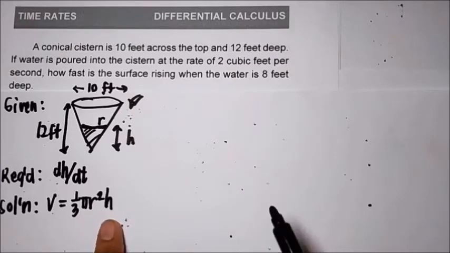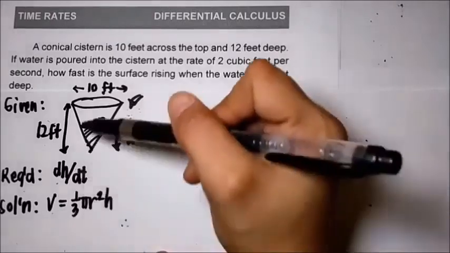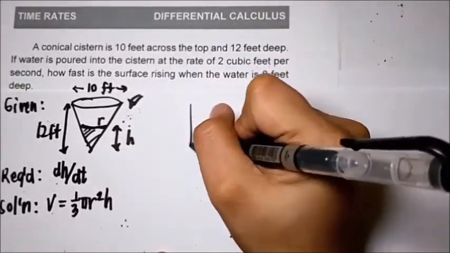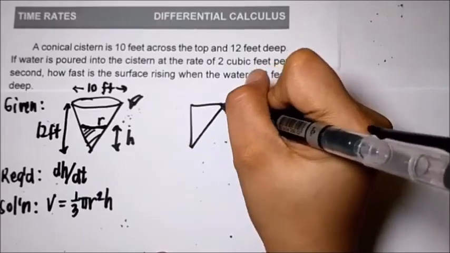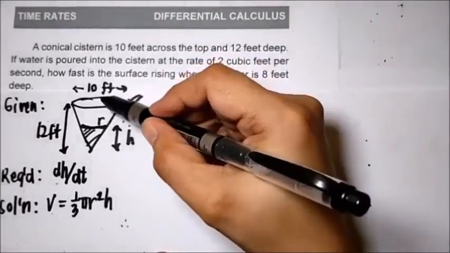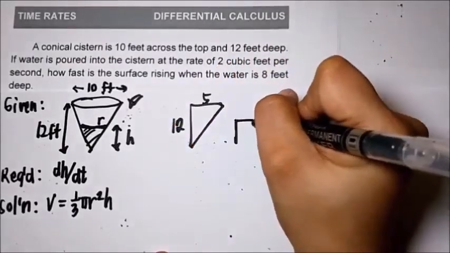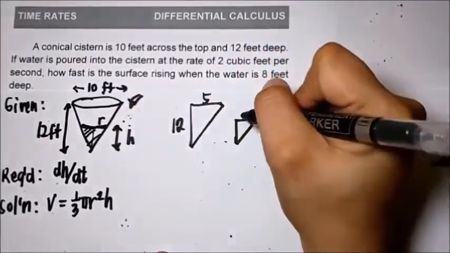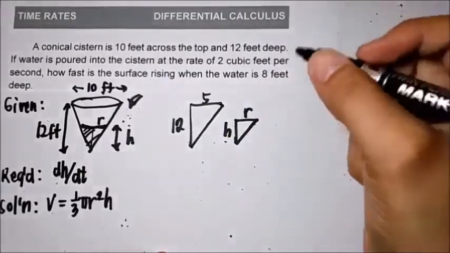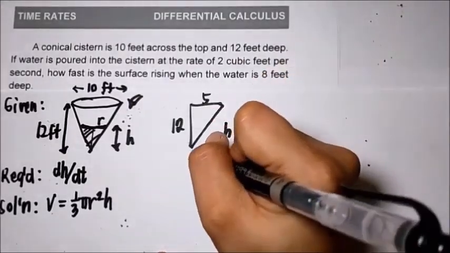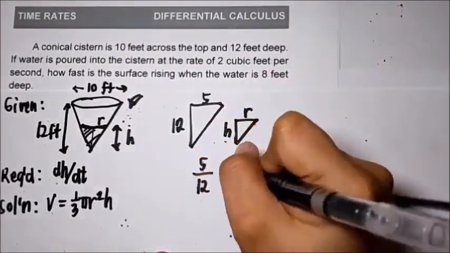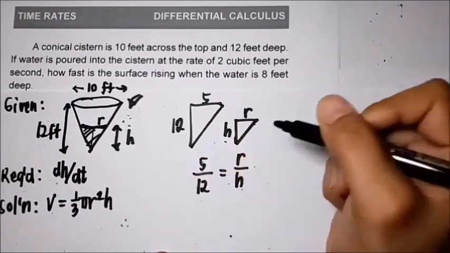So let's use similar figures. With our given bigger triangle, the radius is 5 since the given is 10 feet across the top, and the height is 12. For the smaller triangle, we have r and height h. So using ratio and proportion, 5 over 12 equals r over h.